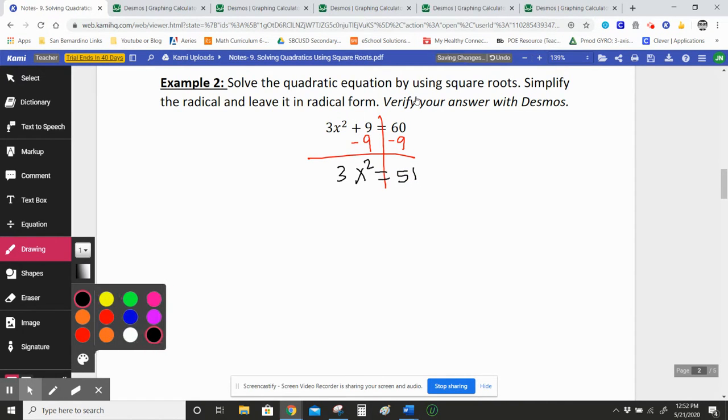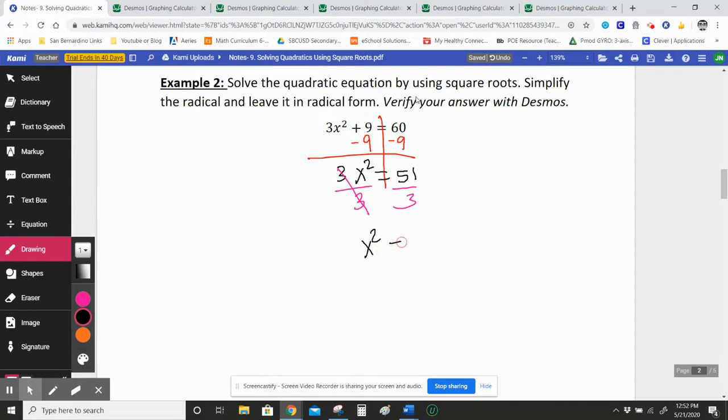I'm going to divide by 3 on both sides because they're both able to be divided by 3. Okay, so I'm left with x squared is equal to 51 divided by 3. That'll give me 17.